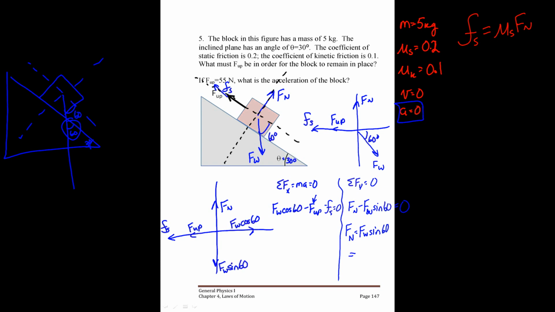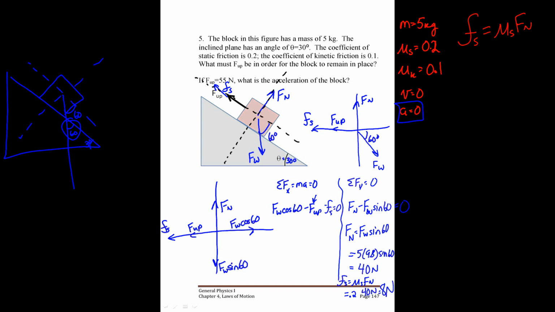All right, and if I solve that for my normal force, I get 5 times 9.8 times sine of 60. The normal force is equal to 40 newtons. All right, and then I solve for Fs is equal to mu s times the normal force. That's equal to 0.2 times 40 newtons. And I get an Fs of 8 newtons.